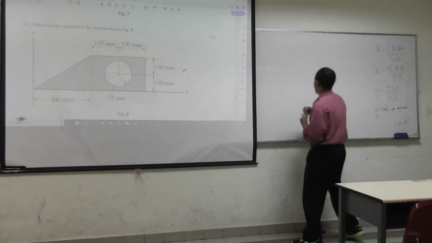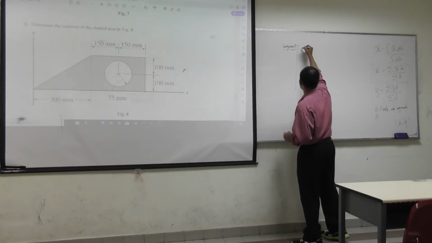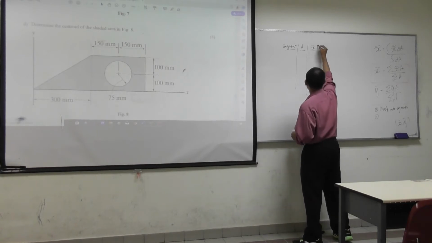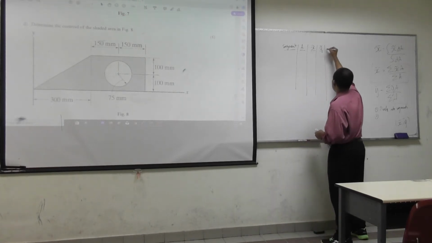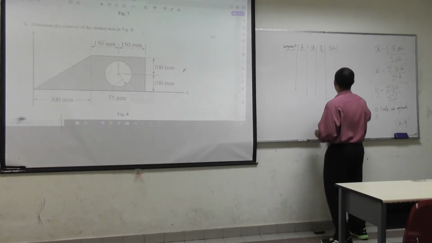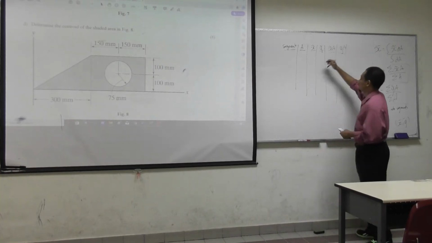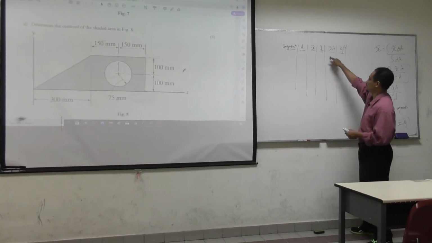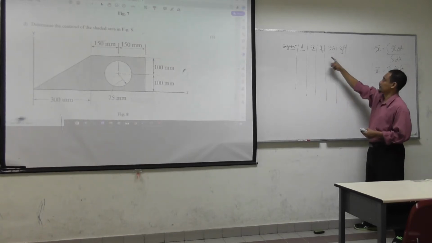So basically you will make a table where you have segment, and then the area, and then X with, Y with, and then this is just multiplication. The X and Y you have to determine directly from the question, and this one is just you multiply X with A, and this is multiply Y with A.